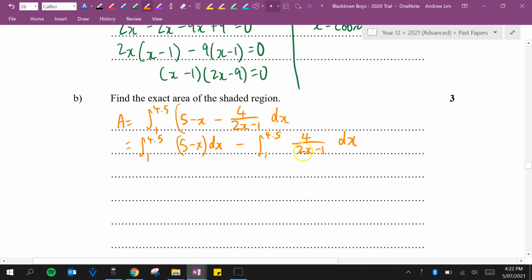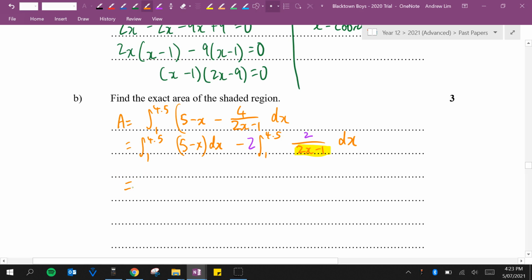So here we've got our f of x. When we differentiate that, we'll get 2. So that means we actually need to put a 2 at the top. It's meant to be a 4, so that means we need 2 lots of that 2. So I'm going to put a 2 on the outside. And now we can integrate this.